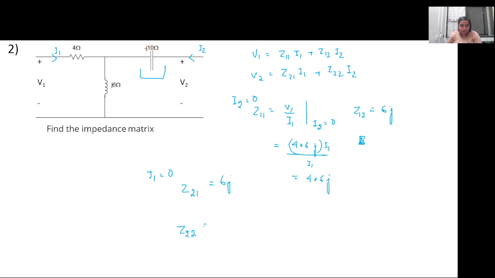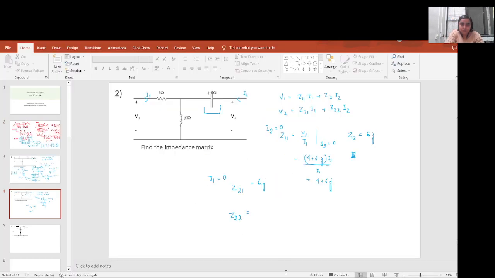Z22 will be equal to, what will be the value of Z22? Minus 4J. Right.